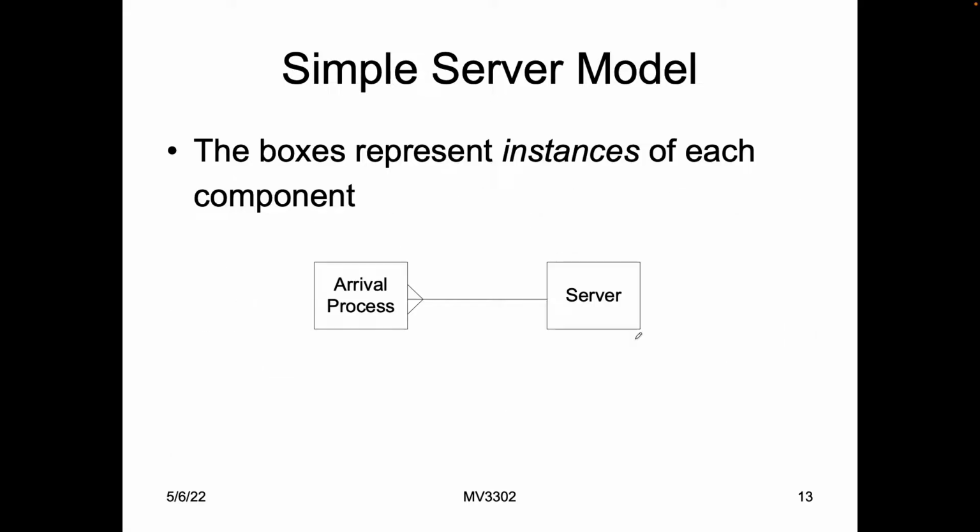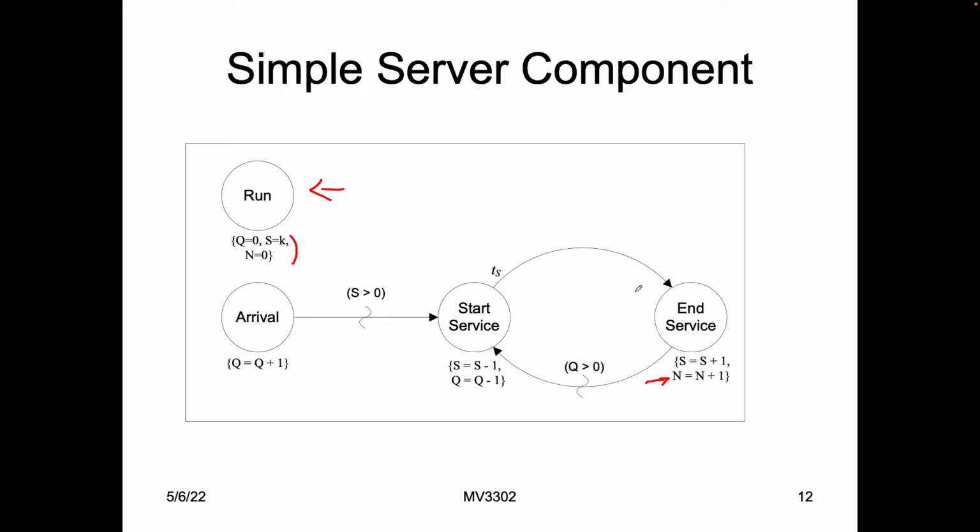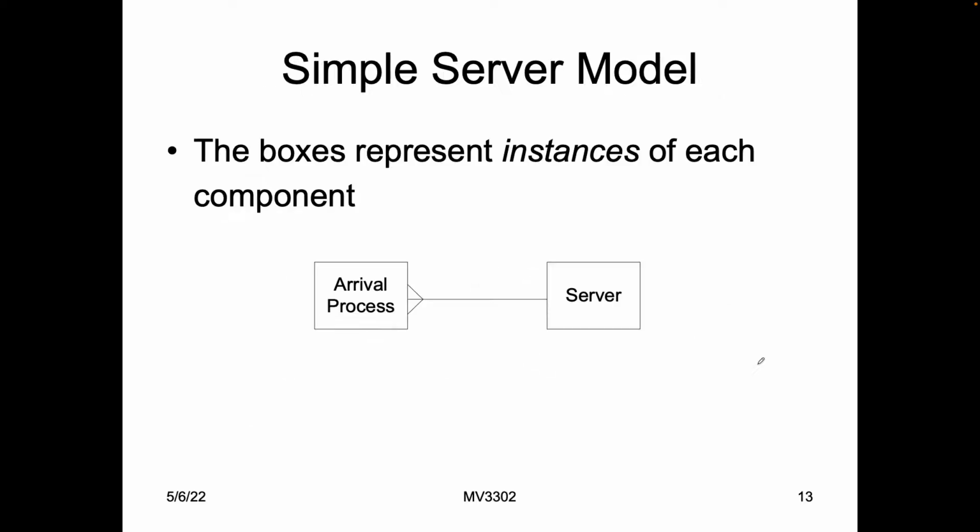These boxes represent instances, not templates. When we write the event graph, this is analogous to writing a class. The box is analogous to instantiating the class. So here we have an instance of the arrival process, an instance of the server, and the instance of the server is listening to the arrival process.